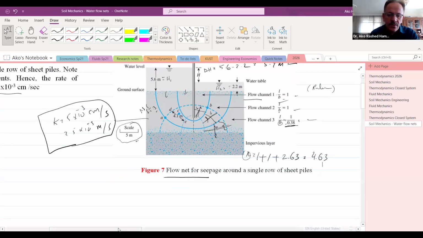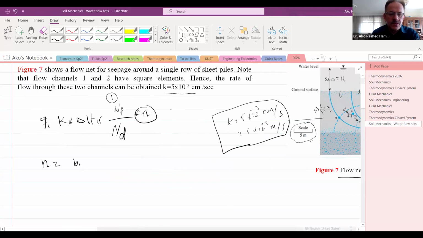Okay. Now for this one, we have to use the equation. The equation will be like 5 times 10 to the power minus 3 centimeter per second.